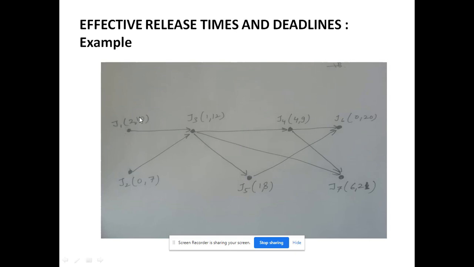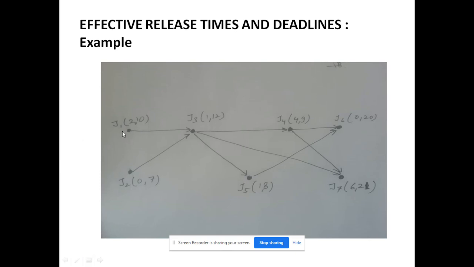In this example, for J1, this 2 is the release time of J1, and this 10 is the deadline of J1. For J2, the 0 is the release time of J2, and the 7 is the deadline of J2, and so on. So now we calculate the effective release time and then the effective deadline of all jobs.